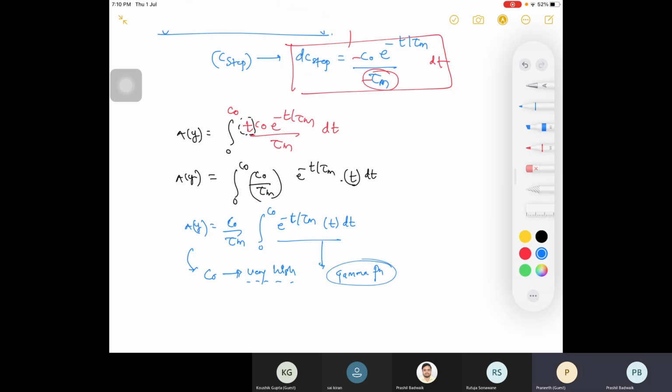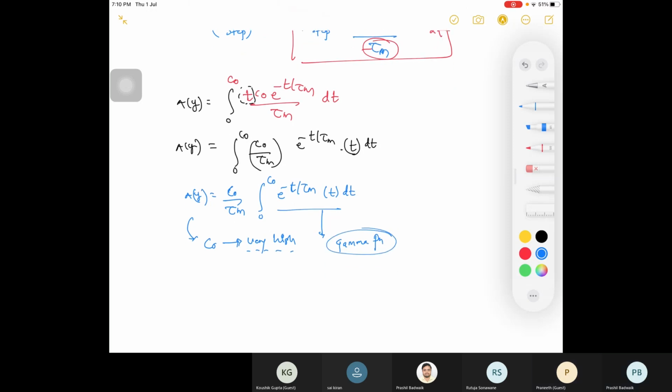So you will be having area along y, that is C naught upon tau m into integration 0 to infinite, if C naught is very high, e to the power minus t divided by tau m and t dt.